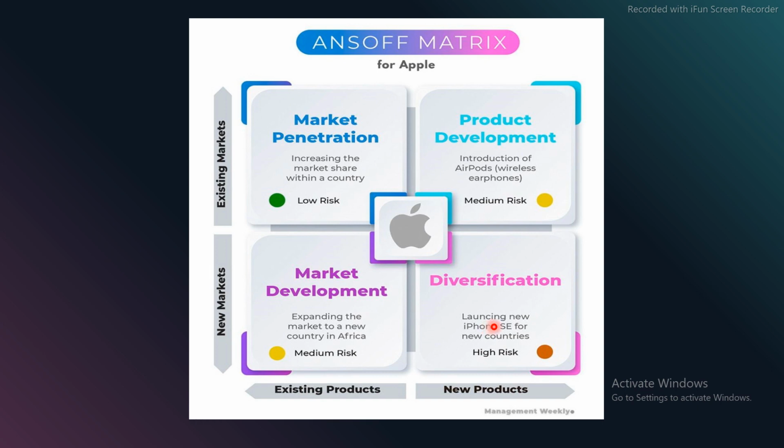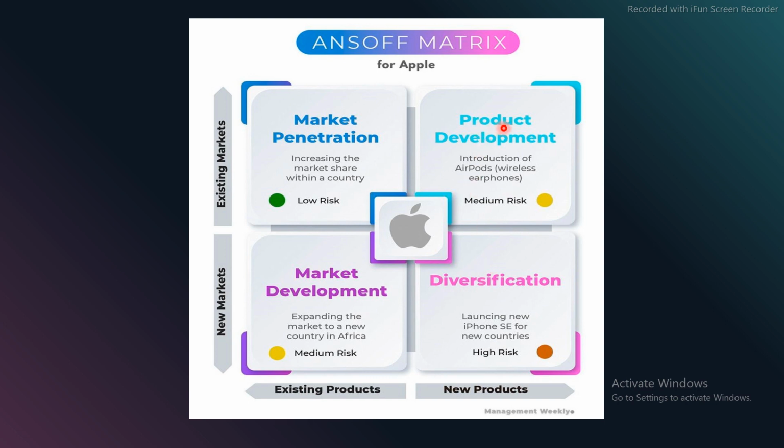The market is new, the people are new, the product is new, so it's very high risk. That is called diversification. So a company wants to diversify, but there are companies who take risk. Obviously a firm which has more capital can diversify, right?